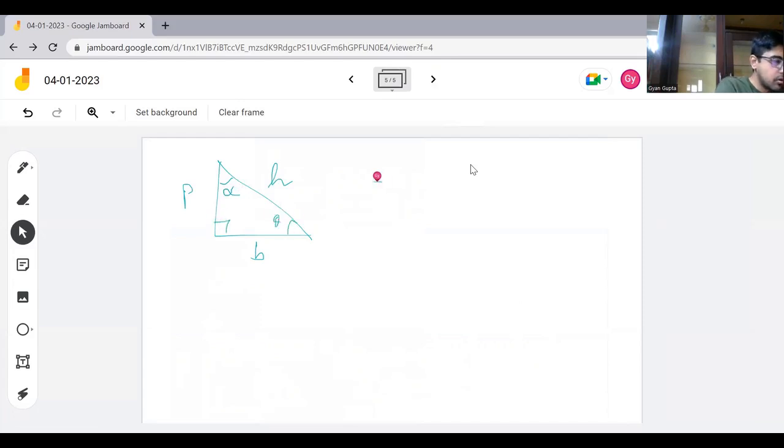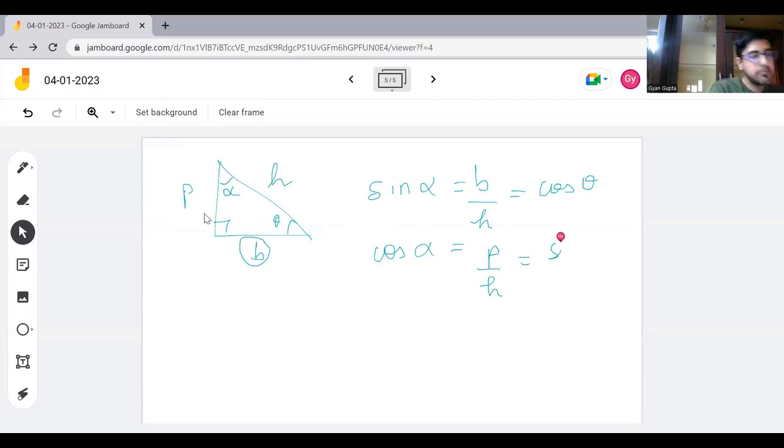Now, sine alpha is the perpendicular opposite alpha, which becomes b, so b by h, which is equal to cos theta. Cos alpha is equal to the base around alpha, which is p now, p by h, which is equal to sine theta.